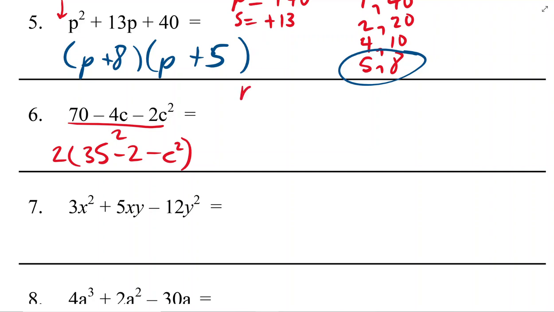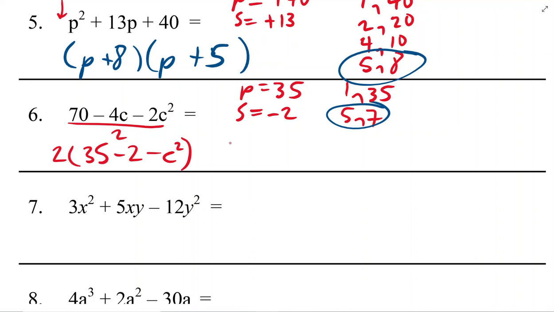So what's my product now? Positive 35. And what's my sum? Negative 2. Okay, try it again. Ooh. So which combination would get me to 2? Yeah, so I know it's 5 and 7.